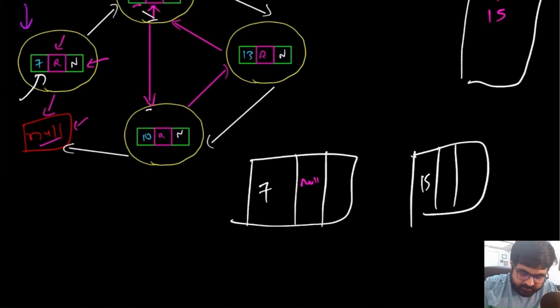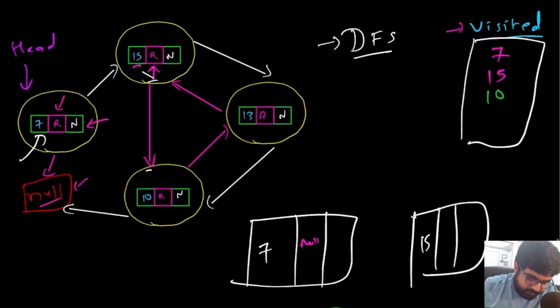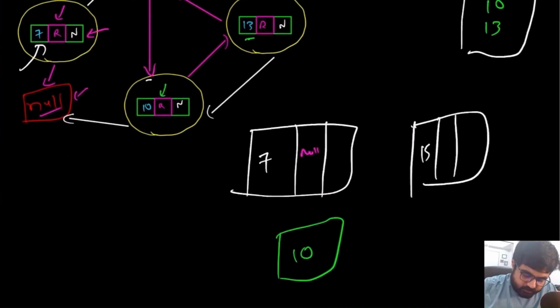So 10 has not been visited. We will add an entry 10 over here, and we will also create a new node for 10. And in this case, 10's random pointer is pointing towards 13. So 13 has not been visited, so we will go over to node 13. We will create a new entry called 13 over here.